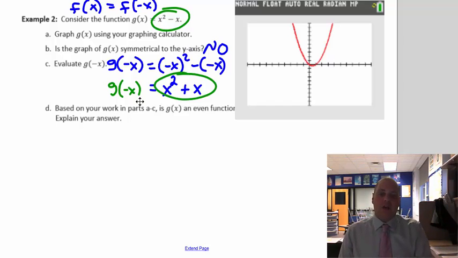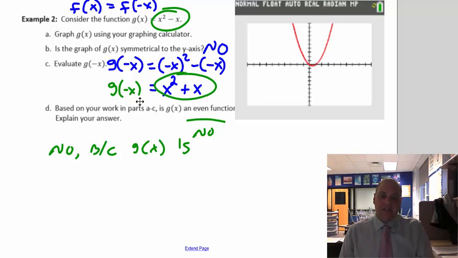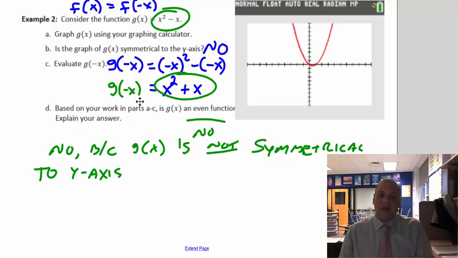So, based on your work in parts A to C, is g of x an even function? No, because g of x is not symmetrical to the y-axis. And also, g of x does not equal g of negative x.